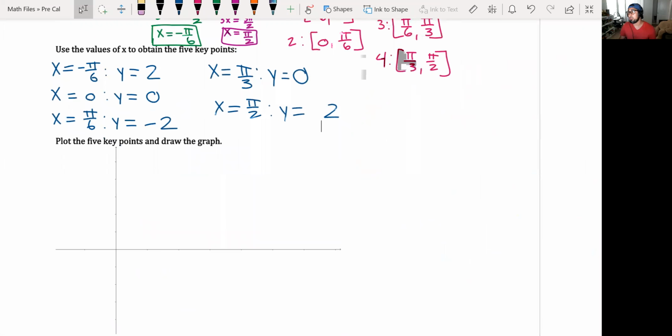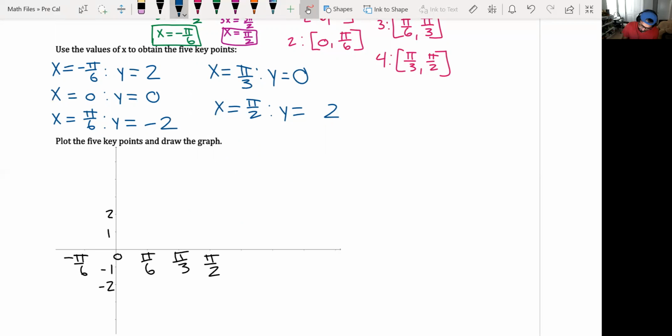Okay, and let's plot. And this one actually matches up. So I'll have negative pi over 6, 0, pi over 6, pi over 3, pi over 2. And we go up 2, down 2.